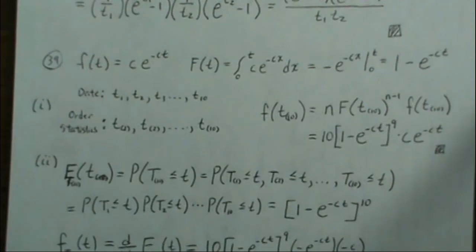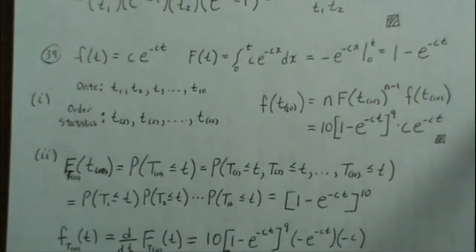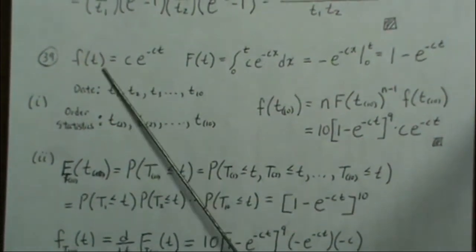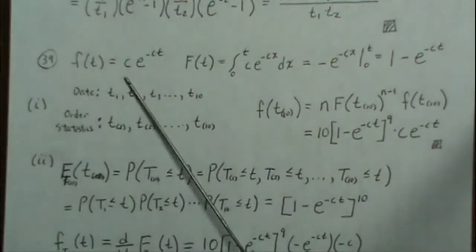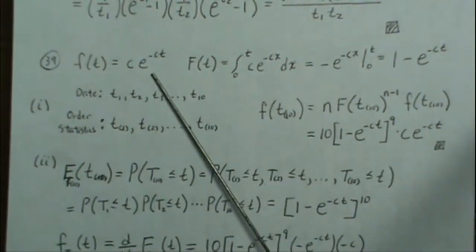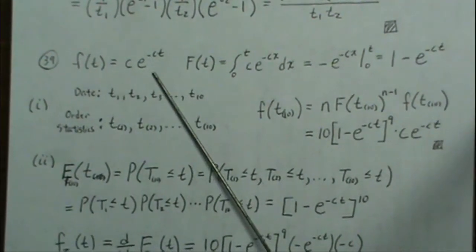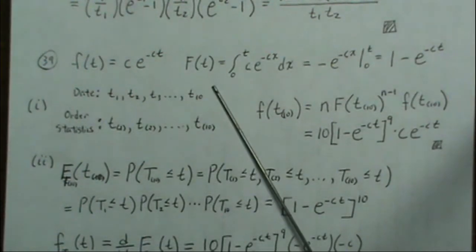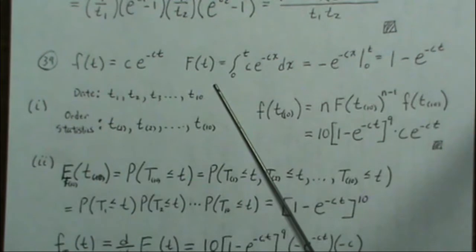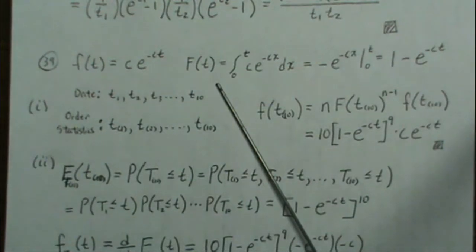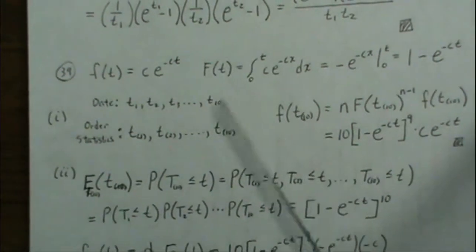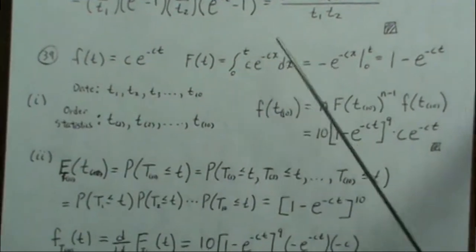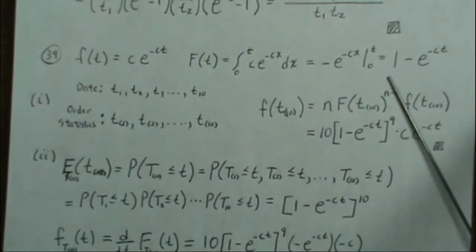So here it talks about a certain mortality, so the density of T is given by this. So let's find the cumulative distribution, which is capital F of T. You integrate from 0 to T and you come up with this.